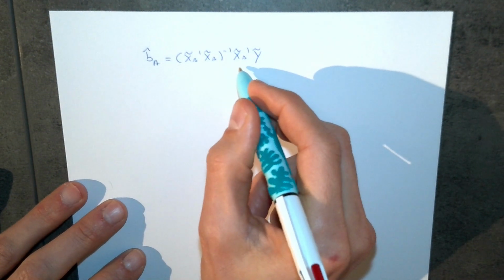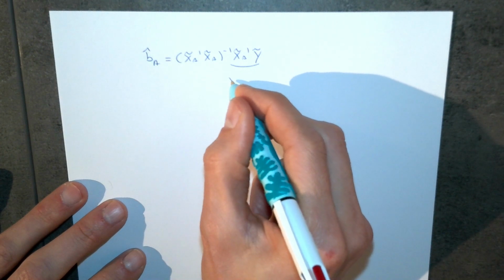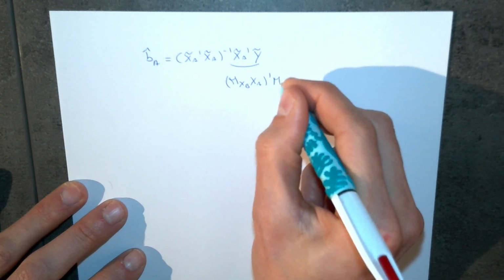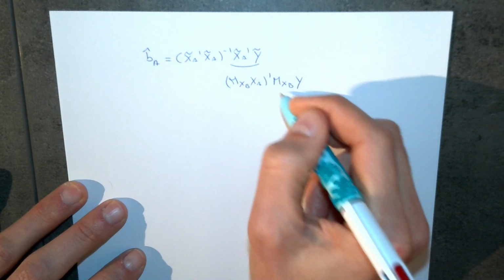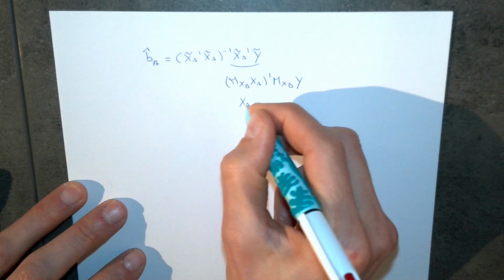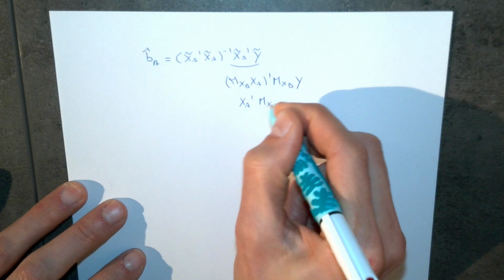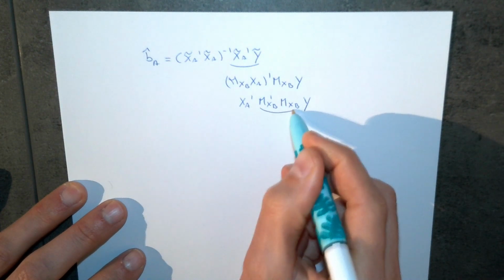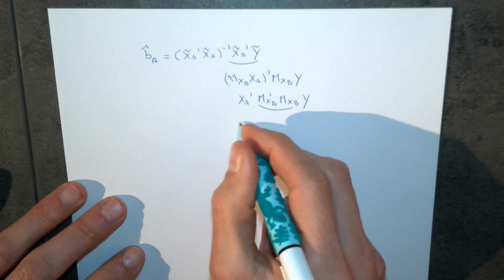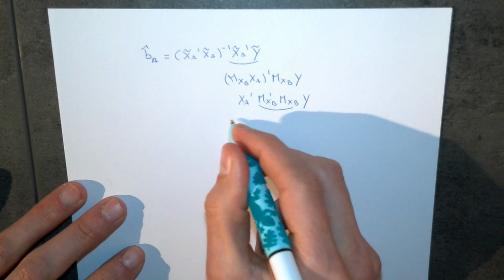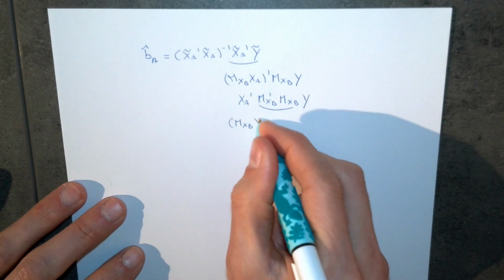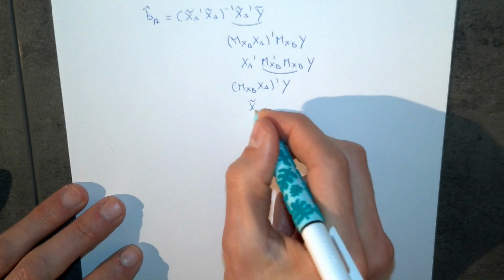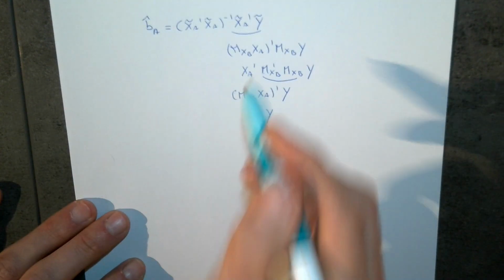Okay, and x tilde a prime was nothing more than xa prime mxb, and y tilde was mxb y. I can write this as xa prime mxb mxb y. These here, mxb times mxb is mxb, and I can take it back here, so I can also write this as mxb xa prime times y, which is equal to my x tilde a prime times y.